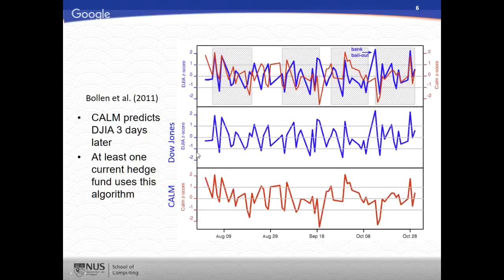The blue line is the Dow Jones index, and the other line is the calm sentiment discovered in Twitter. You can see they have a very close correlation. So these are two applications where sentiment analysis can directly help our research and our markets.